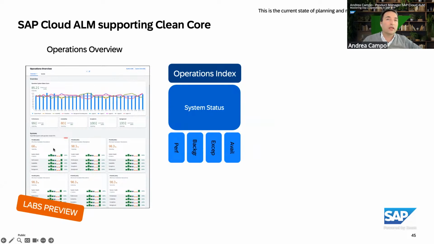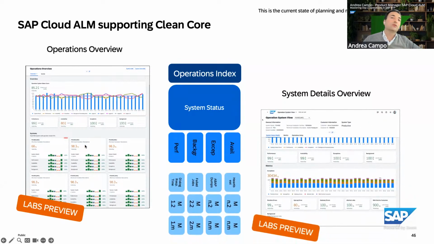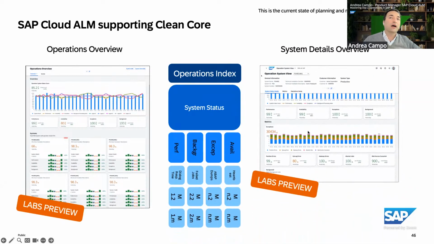Of course, by clicking on the system, you can access a different view, with system detailed details, where you will be able to check the status of the individual metrics which are contributing to the calculation of the KPIs.